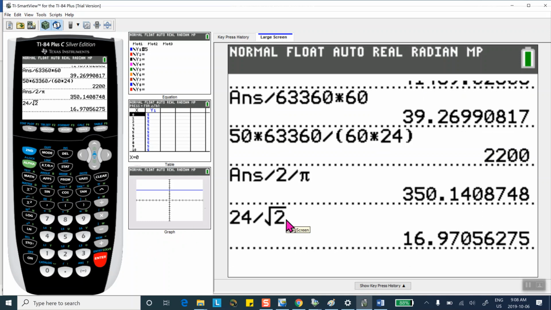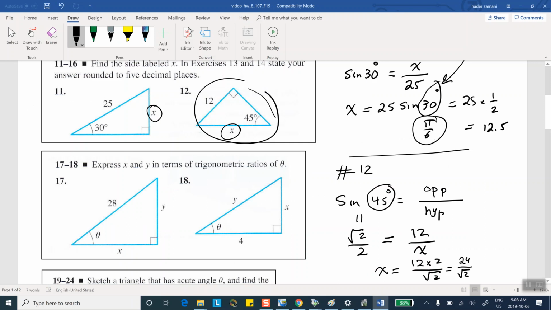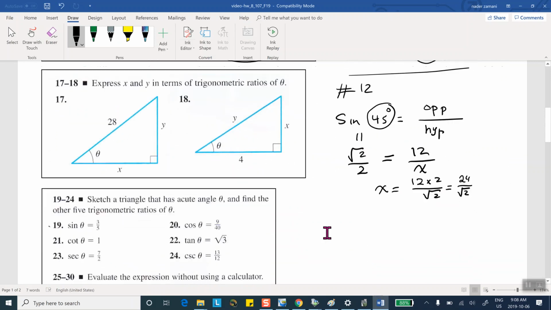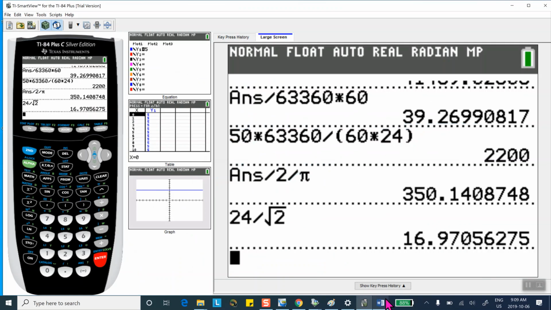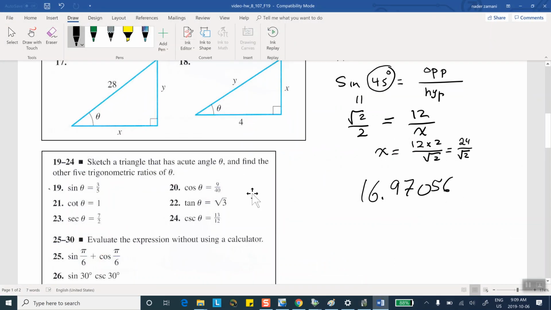Well, the problem says use 5 digits, so it's going to be 16.97056. I think that's what it was. 056, yeah. All right, so I'm going to stop.